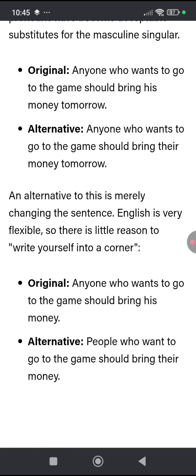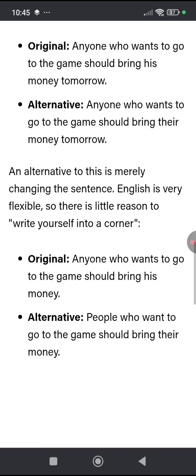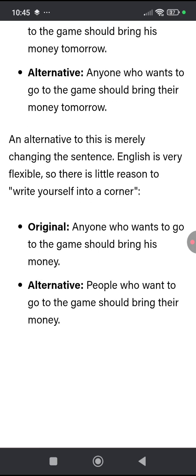An alternative to this is merely changing the sentence. English is very flexible, so there's little reason to write yourself into a corner. So, the original, anyone who wants to go to the game should bring his money. Again, in this sentence, the word his refers to anyone. It is including only the masculine pronoun.